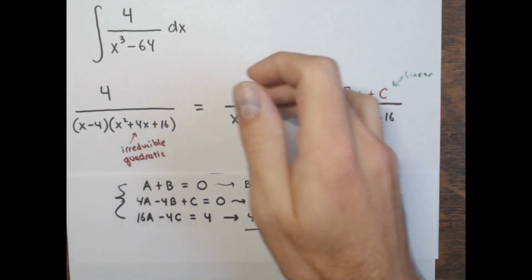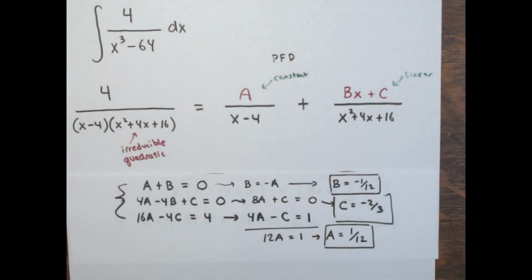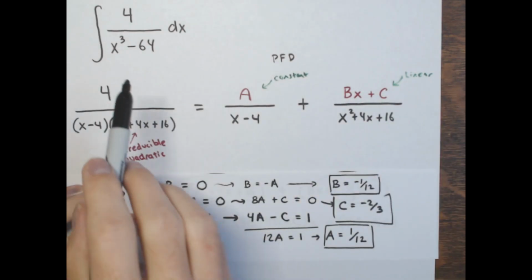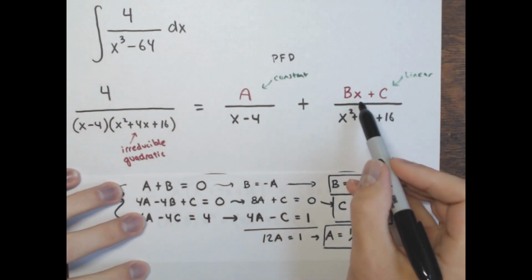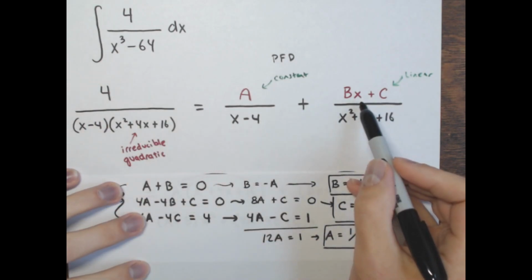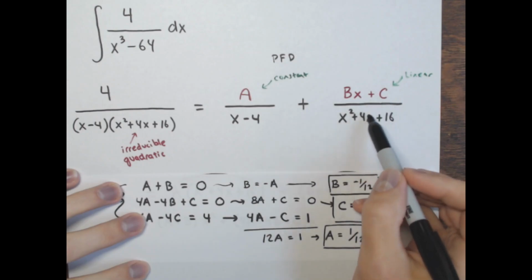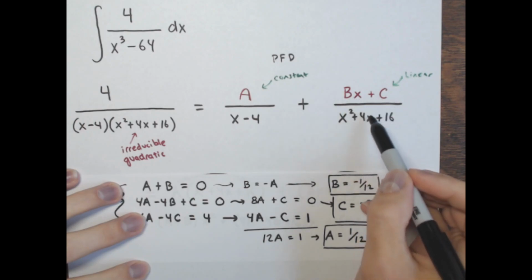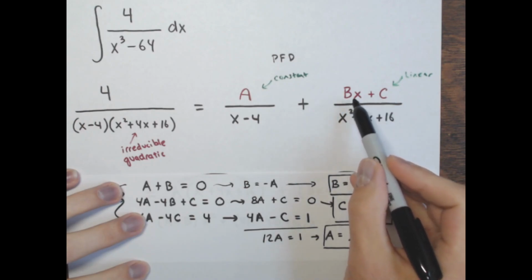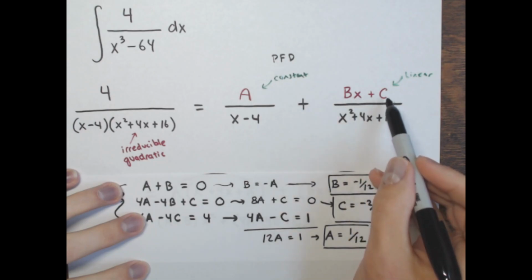All right, so I'm putting these in for my A, B, and C, and we're rewriting our integral. I'm going to rewrite the integral of this fraction as the integral of this, and I'm also going to split this up. As you see, one of these terms up here is a linear, one of them is a constant.